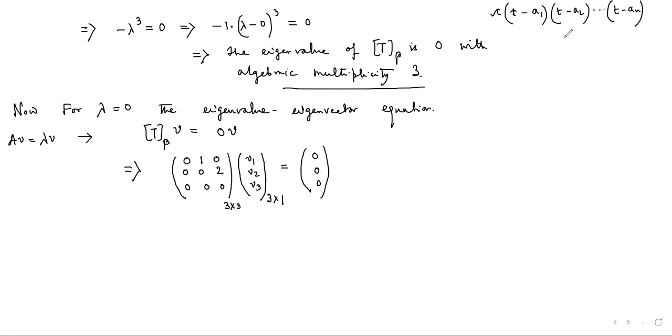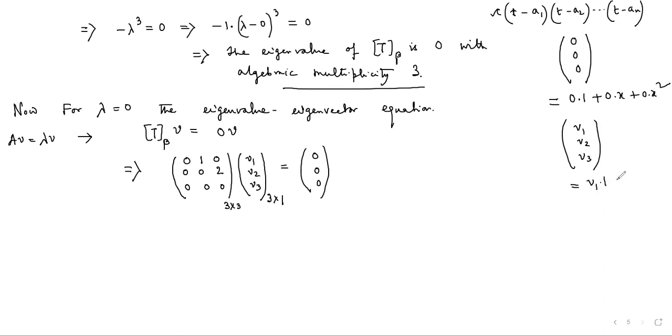What do you mean by 0 0 0? Is it a matrix? No, it is a 0 polynomial. It is 0 into 1 plus 0 into x plus 0 into x square. That is what we have put over here. What is v1 v2 v3 over here? Is it a matrix? No, it is a polynomial: v1 into 1 plus v2 into x plus v3 into x square. So remember, don't confuse yourself.